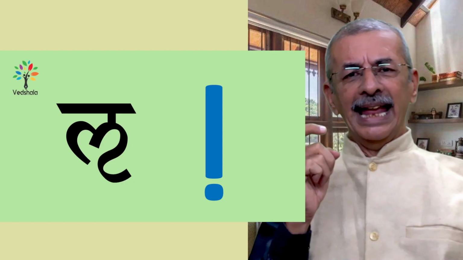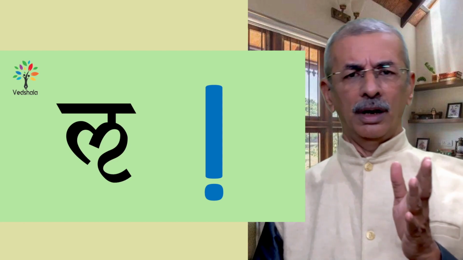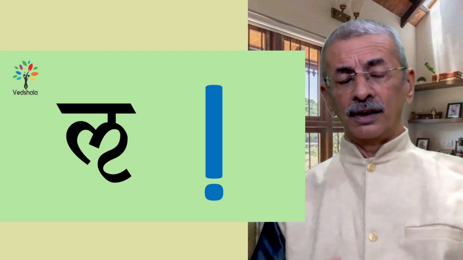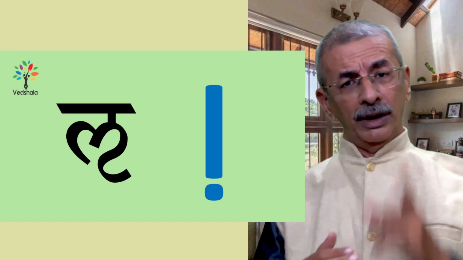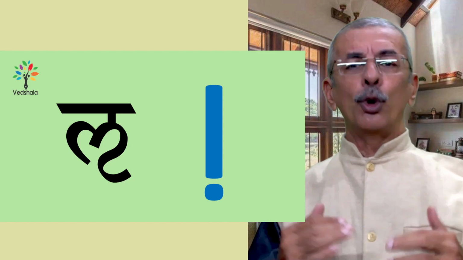Here you will find l with an under dot. This is a hardly used alphabet. As far as stotras are concerned, yes, in stotras and in Vedic literature you will find this alphabet, but not in general or spoken Sanskritam.